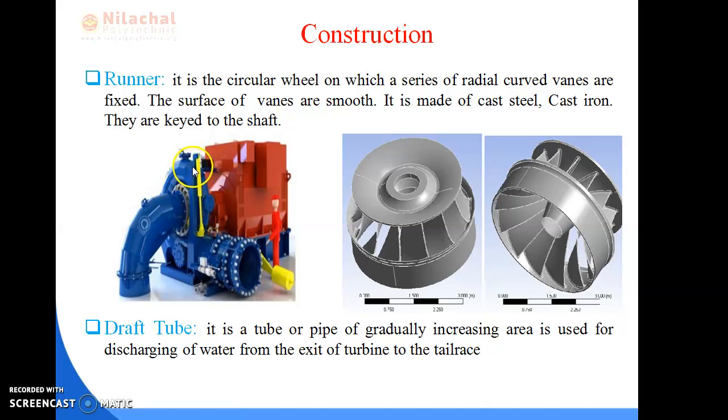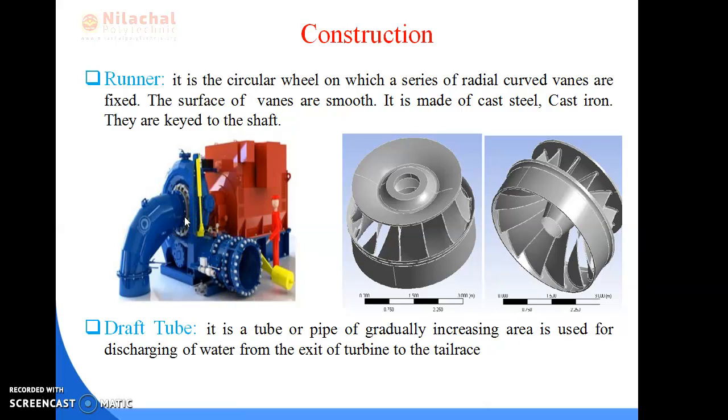Again, after the casing is filled up with water, the energy of water causes the blade to move, and the water will be discharged radially at the outlet. So this is the outlet of an outward flow reaction turbine. This is the inlet for the outward flow reaction turbine, but in case of inward flow reaction turbine, this is the inlet and this is the outlet.